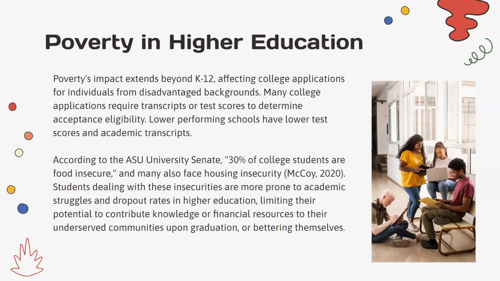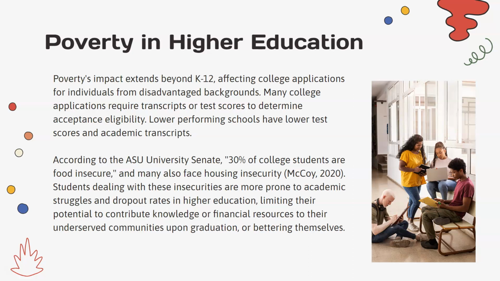It doesn't stop in K through 12, unfortunately. Poverty does impact students who are in higher education and college, even applying for college. As we saw in the previous slide, that statistics graph shows lower scores, and unfortunately, many college applications do require transcripts or test scores to determine an individual's acceptance eligibility.